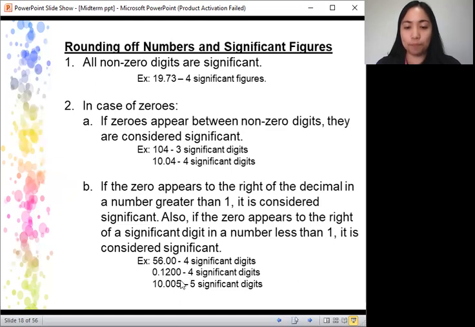That is why 0.1200 has only 4 significant digits. Next, same with rule number 2, if it is between non-zero digits, it is considered significant.